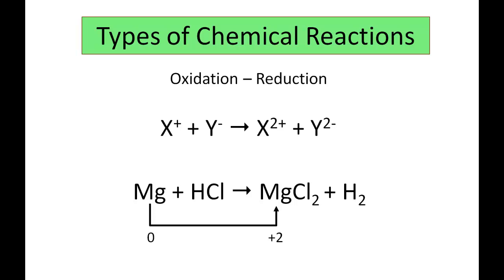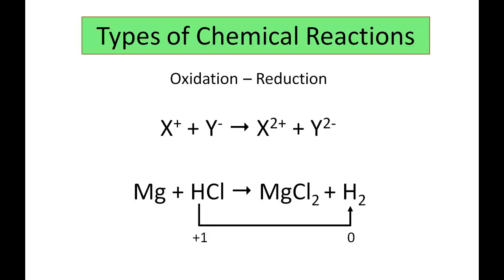We figured that out because chlorine has a negative 1 charge. There's 2 of them, giving it a negative 2 charge, which means the magnesium has to be positive 2 to make that compound neutral. So you can see that magnesium went from a 0 to a positive 2. The only way it could do that is to lose electrons, which we consider oxidized. Remember, OIL-RIG.